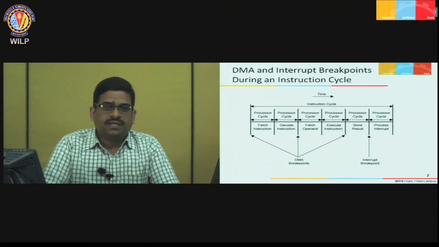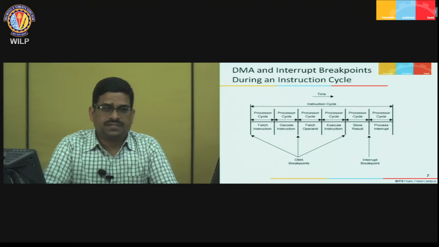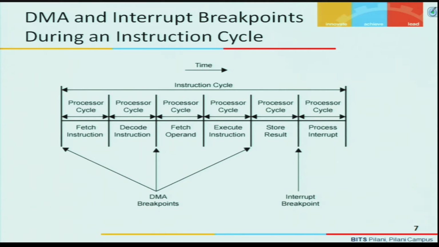So now we look at the instruction processing cycle, where the breakpoints are from which the DMA can steal the cycle from the processor, and we will see the difference between the interrupt driven IO operation and the DMA operation. So here you can see this is the instruction cycle.